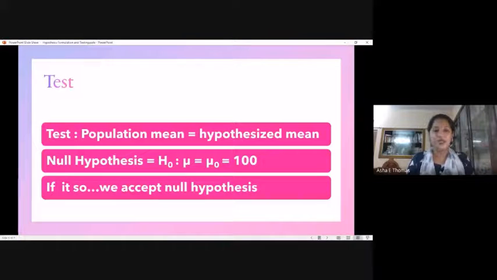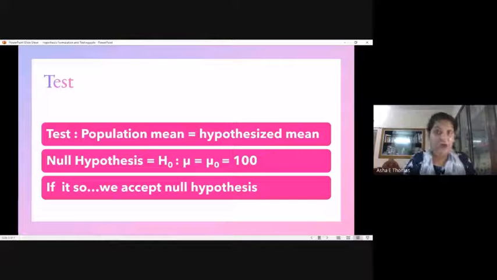So when I'm saying that there is no difference between the mark of the average student of the institution and the average mark scored by PG students, and if I get both the same, both mean 80 marks, my condition is I accept the null hypothesis.